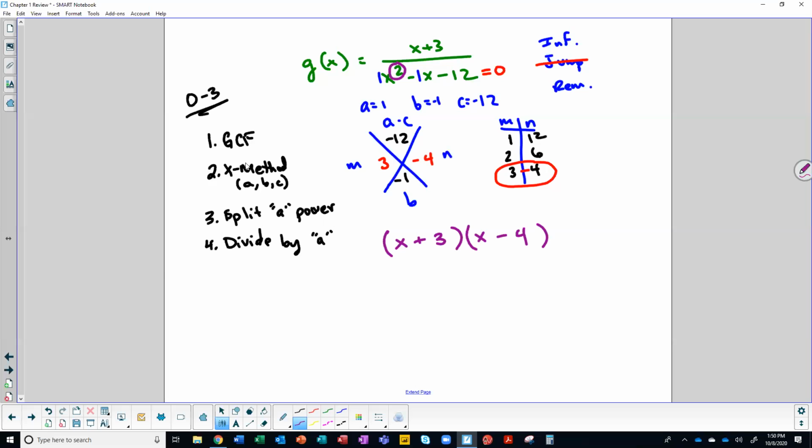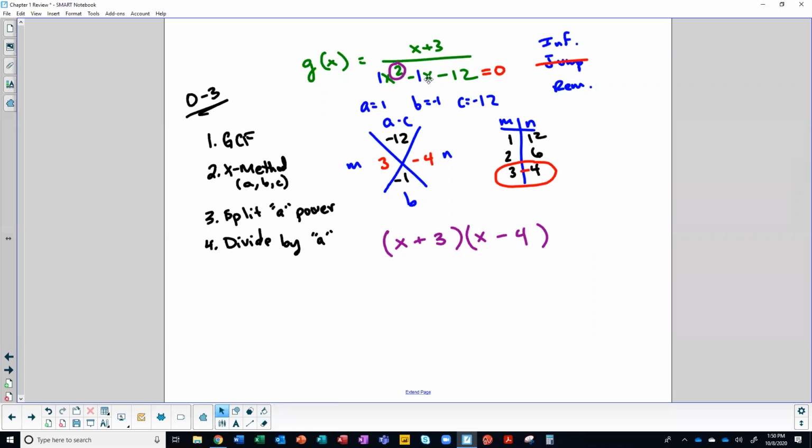Step 4 is kind of like step 1. We divide by A, but you don't always have to do this. On this problem, our A is 1. And so what you'd be looking for is if you can simplify by the factor of A. But does dividing by 1 ever change any value? No. So dividing by A doesn't do anything, so I don't even need to do that.